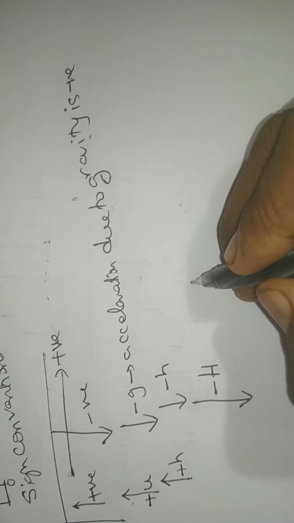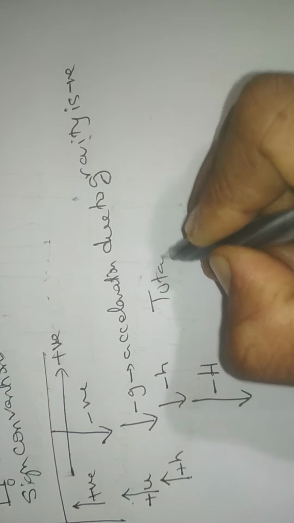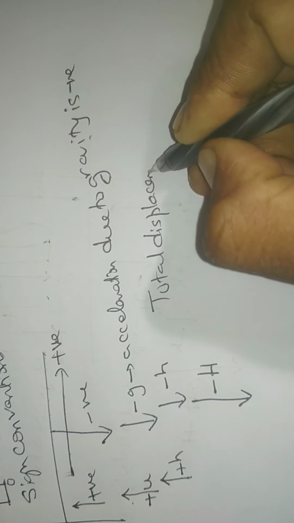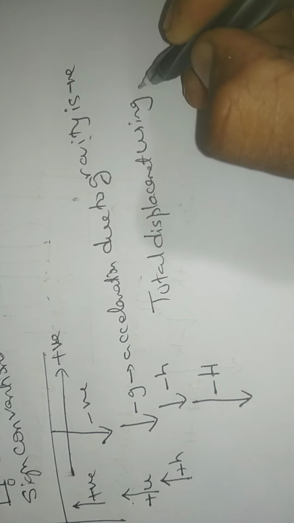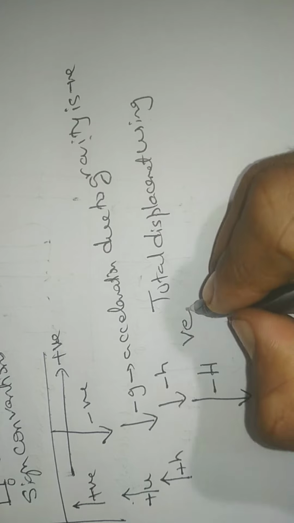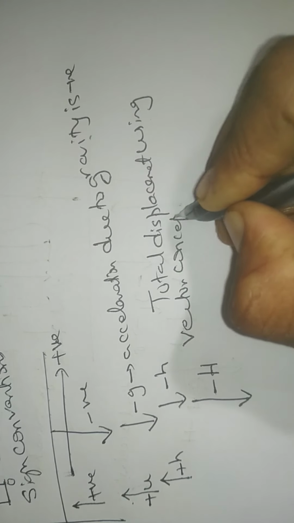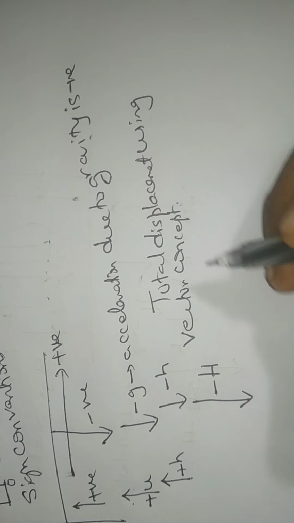now we have to write the equation of total displacement using the vector concept. I have not explained what the vector concept is, but we can understand it from this numerical.